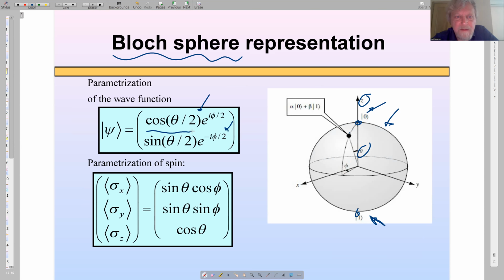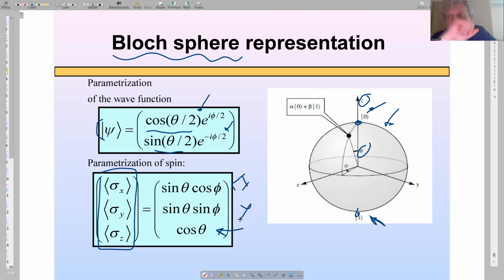What we write here doesn't really ring a bell. What would ring the bell if we just take the wave function and compute the average components of spin? For this quantity, we have the usual representation of a unit vector in spherical coordinates. So that will be the z component and the x and y components of this vector.